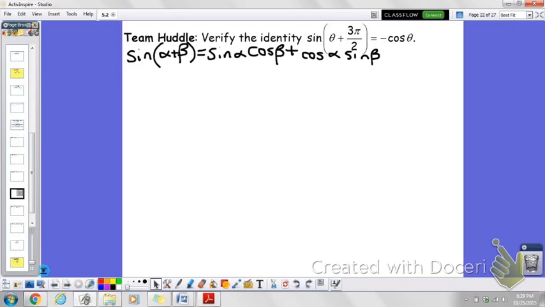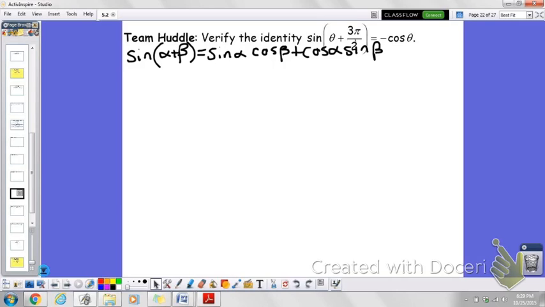From our original problem, we know that alpha is equal to theta and beta is equal to 3 pi over 2. And we're going to try to simplify our formula to get to the negative cosine of theta.